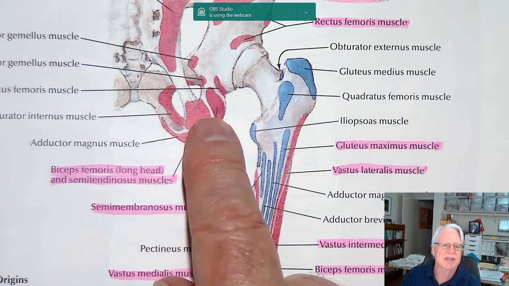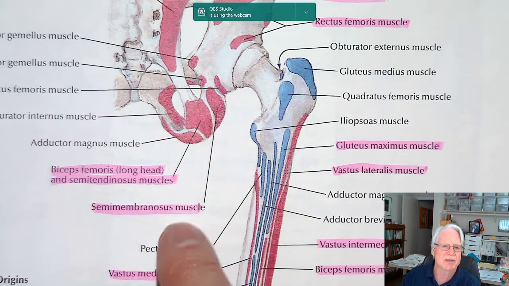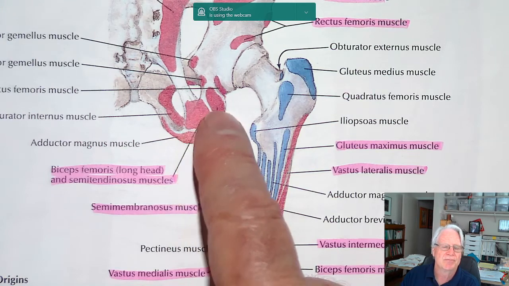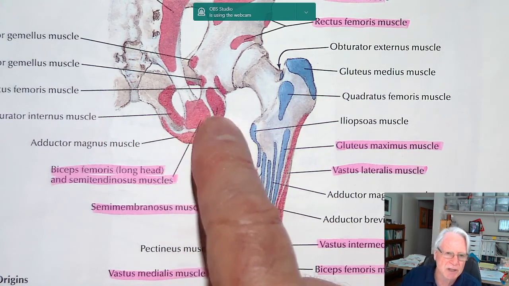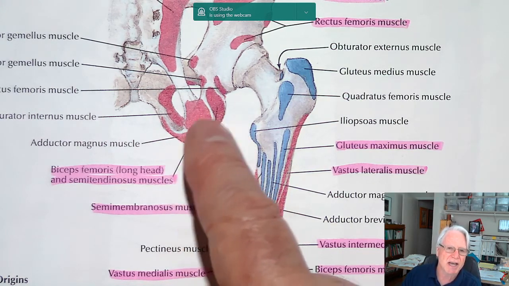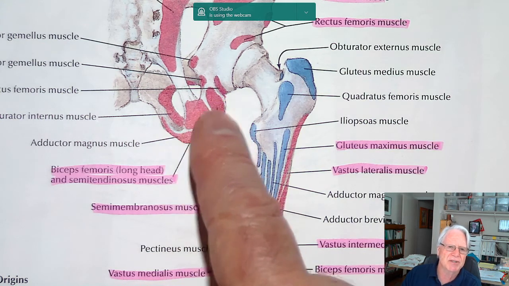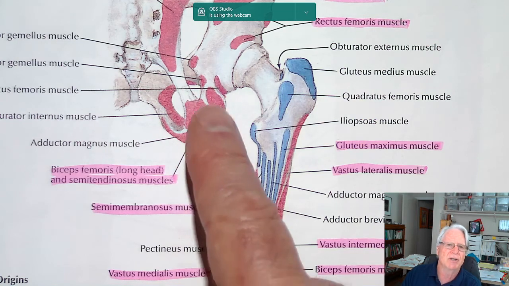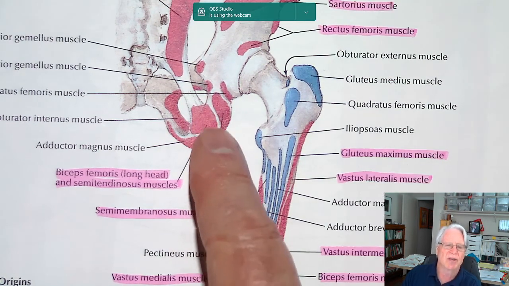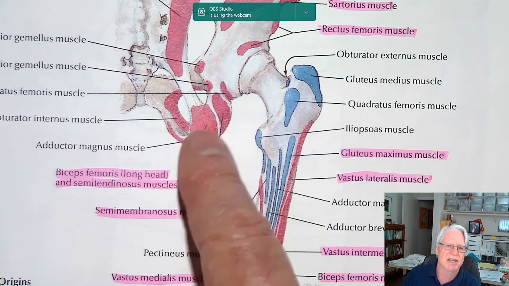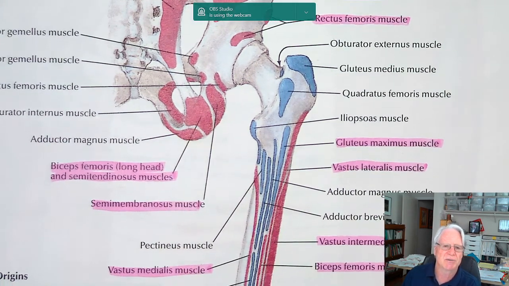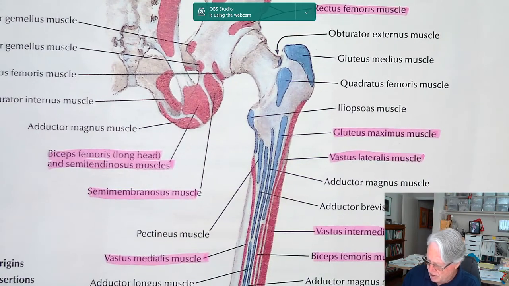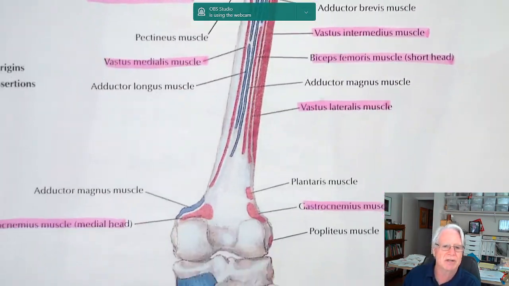So the biceps femoris, the semitendinosus, and the semimembranosus are all connected to the ischial tuberosity, which is why hamstring injuries can happen, because we have three big muscles attached to the same location, and if I am not careful, if I yank on this with those three very powerful muscles, I can actually damage that connection, and that would be a hamstring injury. And then we're going to come in and insert down here.